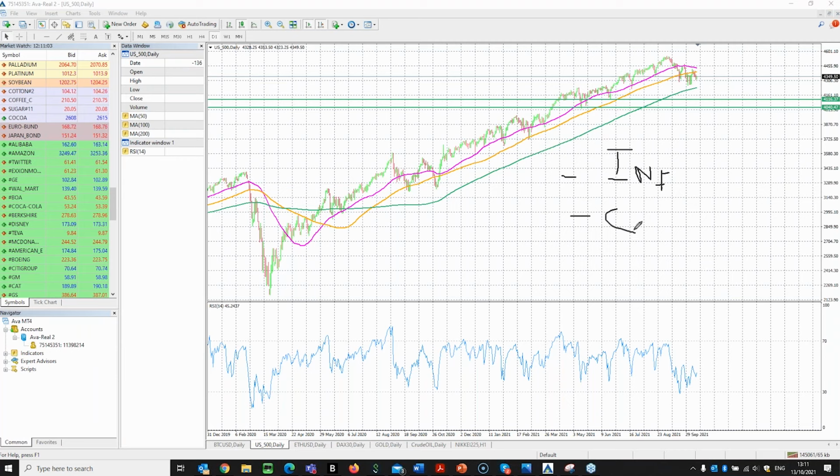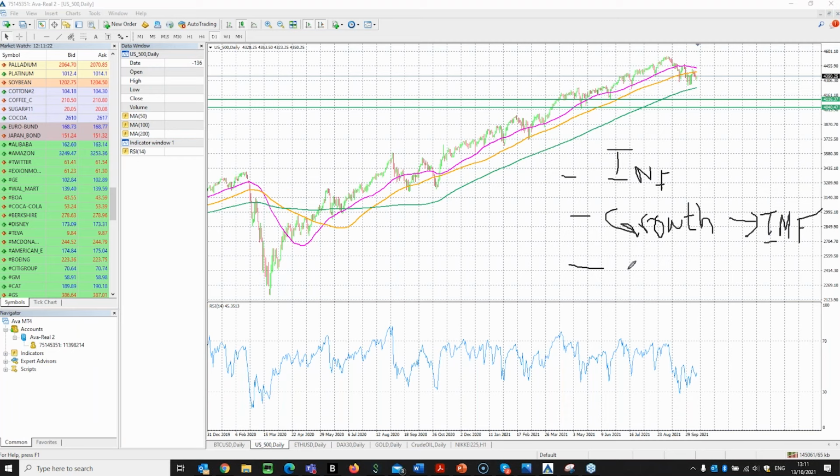Number two is growth. Growth is obviously slowing down for the global market and of course for the US market. Yesterday, we saw the IMF come out with their prediction where they've lowered the growth forecast for the global economy and of course for the US economy as well.